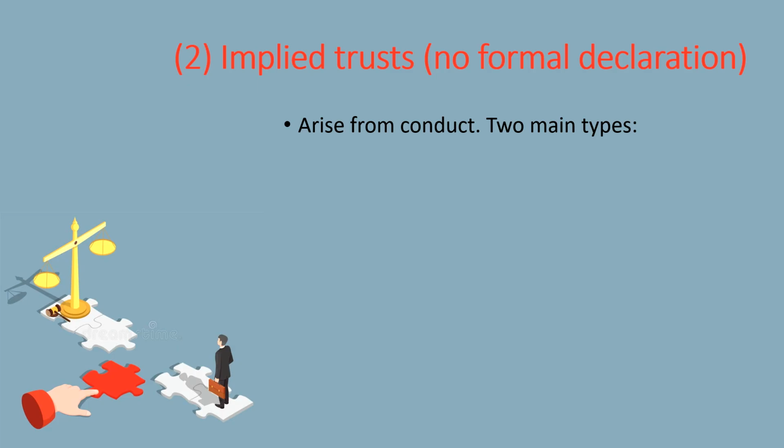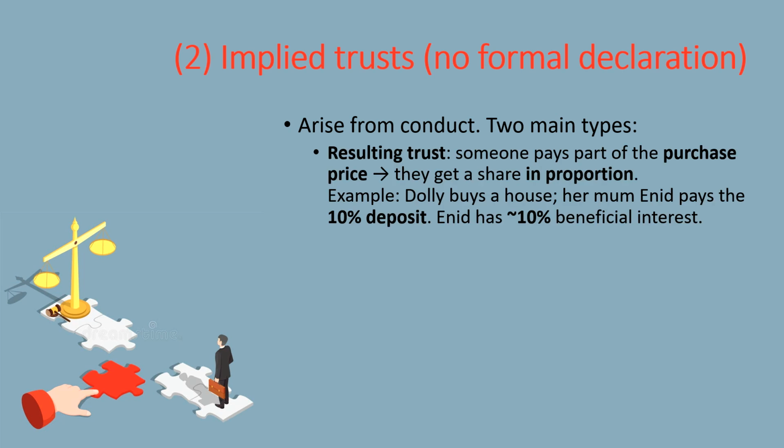So equity will just have a look at how people behaved, what they did, what kind of intentions they probably had, that kind of thing. And the two main types are resulting trusts. Those happen, for example, if there's a party who buys a certain property and, I don't know, a parent or a spouse or someone else helps with the purchase money.